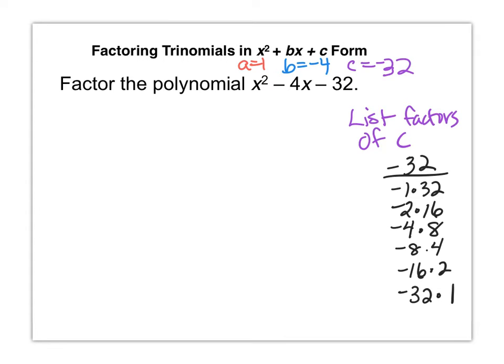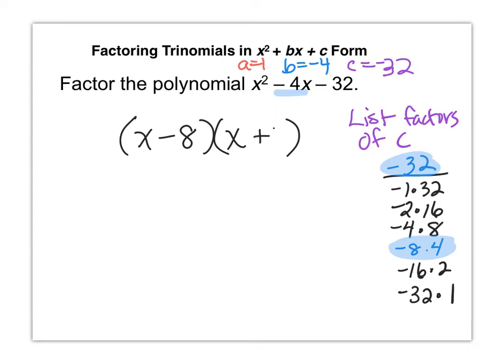Now out of all these pairs of factors, we want to find the pair that will add up to the middle term. The pairs of factors of negative 32, we wanted to add up to negative 4. And the pair that do that is the negative 8 and a positive 4. So our polynomial can be expressed in factored form as one factor of x minus 8 and one factor of x plus 4.